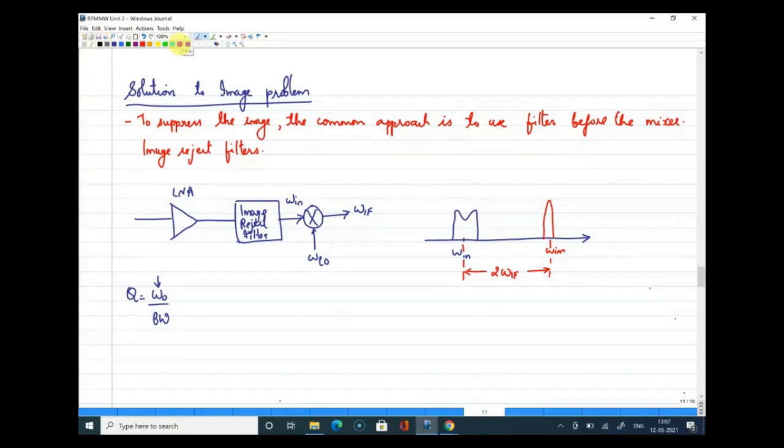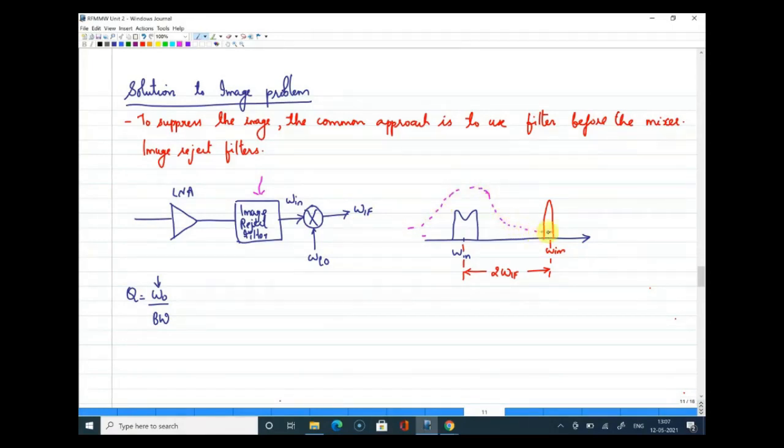Now, the idea of this image reject filter is to filter out the images. So what I'm expecting is that the filter should filter out the image and take only this input signal, right?